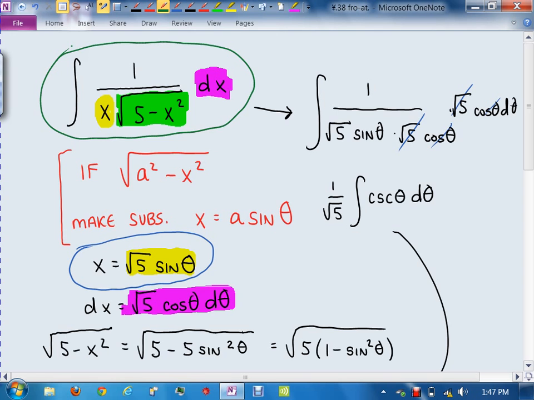There's a lot of formulas on here, and sometimes they fit right into the pattern. Which one? 18. 18's backwards. 18 has u squared minus a squared, and u is the variable.